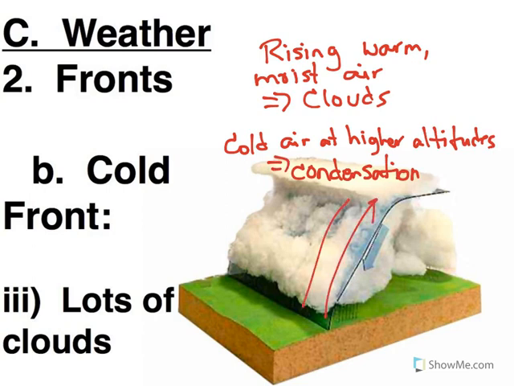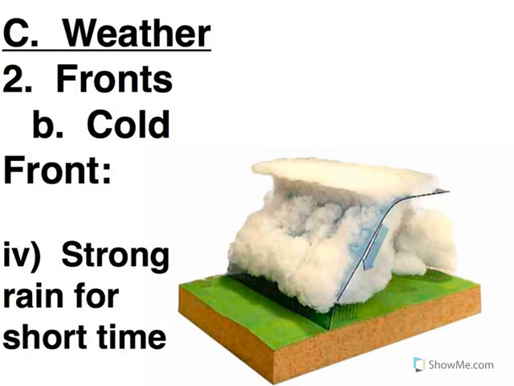So we're getting all these clouds forming. Typically, if it's a strong enough front, you're going to get a lot of rain. But the rain is going to be isolated to kind of this region of the front, which is fairly narrow.